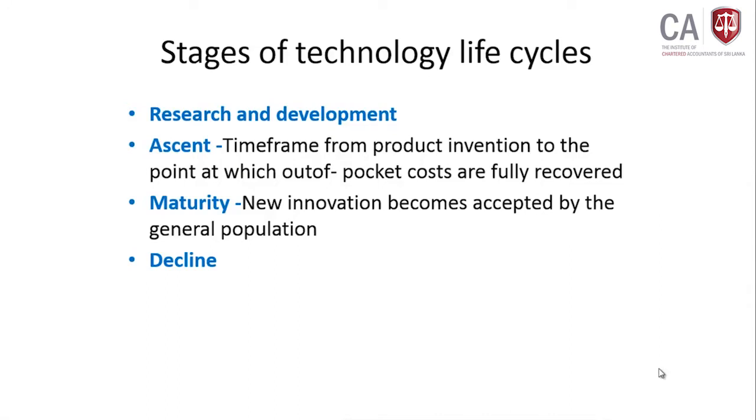It means you did research and development, you put it to the market and you earned the cost, and then your product is in the market, it is selling from one person to another, and now you are in the maturity stage, it is accepted by the public. Through research and development you develop it, put it to the market, and from there you have fully recovered the cost, because you have sold in the market.